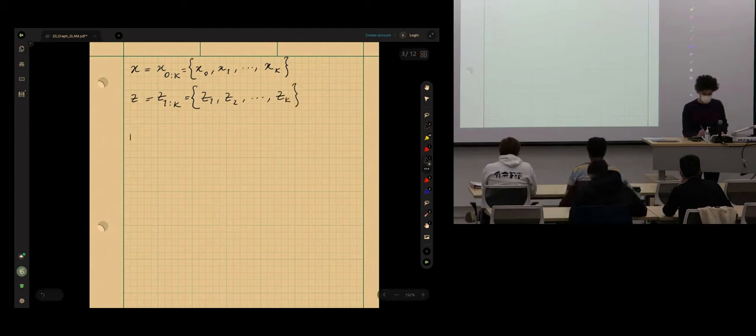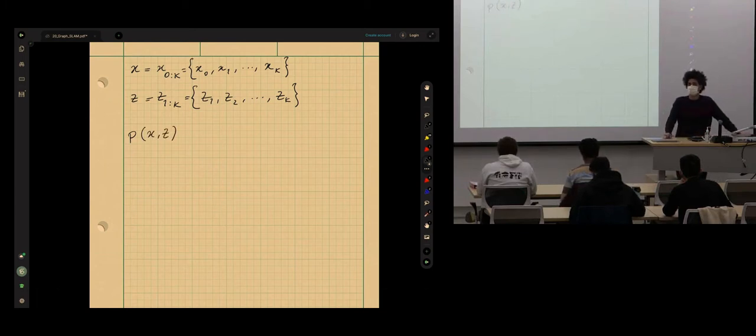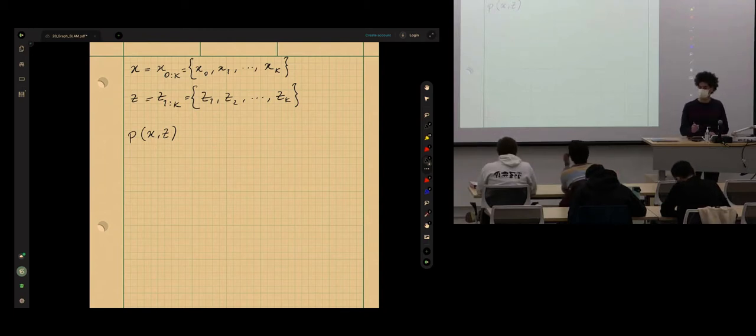Therefore, when we write P of X comma Z, we mean the joint distribution of all of these variables, not just two variables. This is a set of a lot of random variables, x0 to xk and z1 to zk.